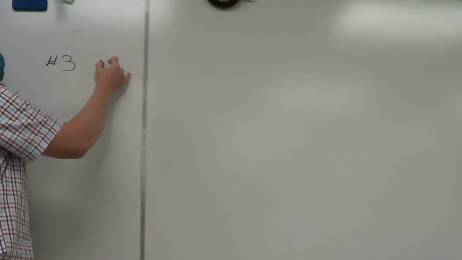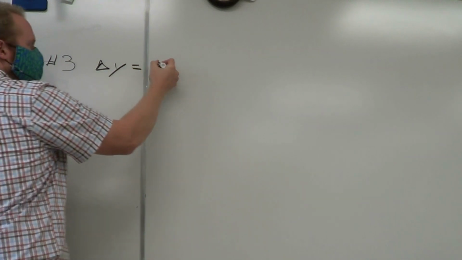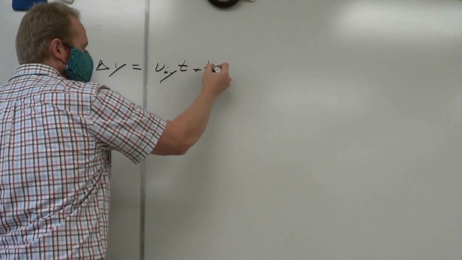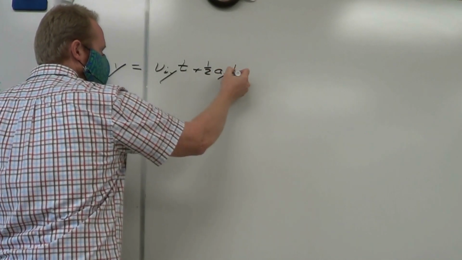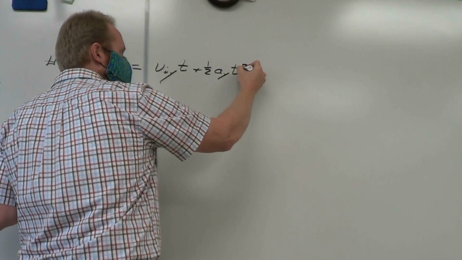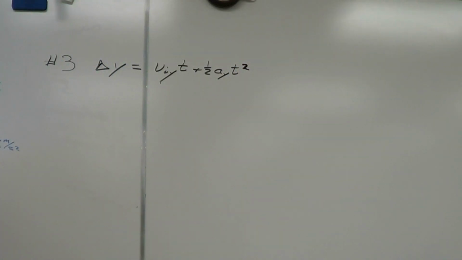So it's going to be delta y is equal to VI y times t plus 1/2 AY t squared. And I'm being very purposeful with adding those subscripts that have the y in it, because then hopefully it will help reinforce the idea that I only look at the stuff in the y column. I only use the stuff in the y column for this.